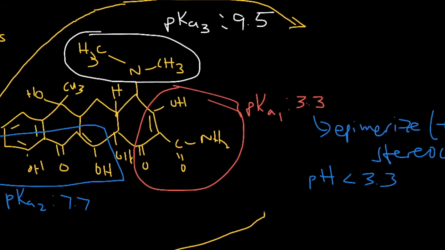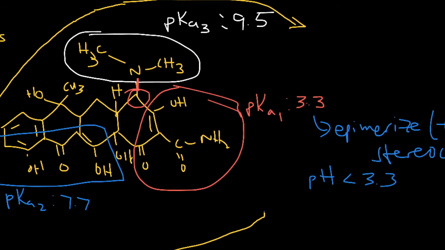What is happening? Right here in the blue. I'll do it in red since I'm doing pKa 1, and pKa 2 is blue. So the bond with the nitrogen over here flips from a wedge to a dash. That's right.